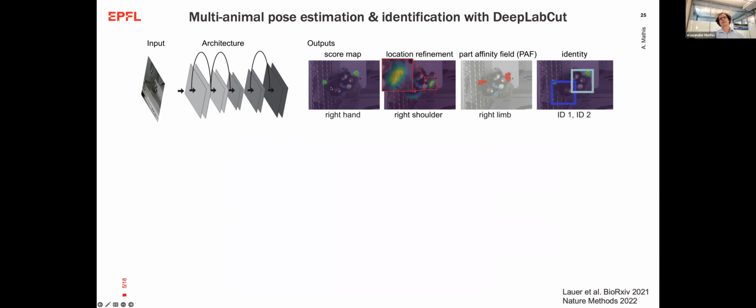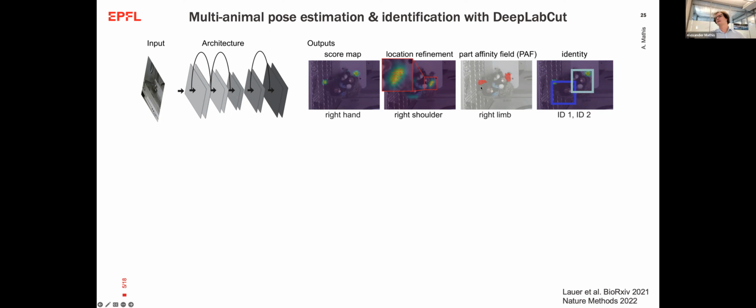Notice that here there's a scenario where we actually have 2 marmosets in the input image, and we do get 2 peaks, and this is, for example, the output of the right wrist of that marmoset. There's also another output called location refinement. It essentially makes the prediction more accurate because you downsample in your architecture, and that's the goal of it, but it's not so important right now. We can maybe discuss it later.